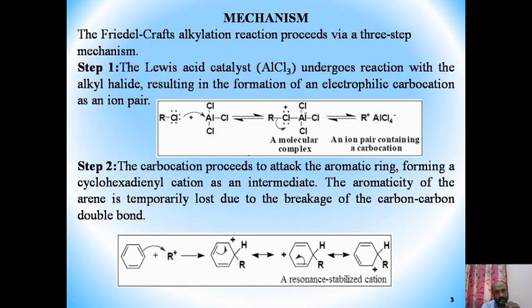That's why both electrons go to the chlorine atom, and then the chlorine atom attaches to the Al atom. So you get AlCl4 minus plus R plus.